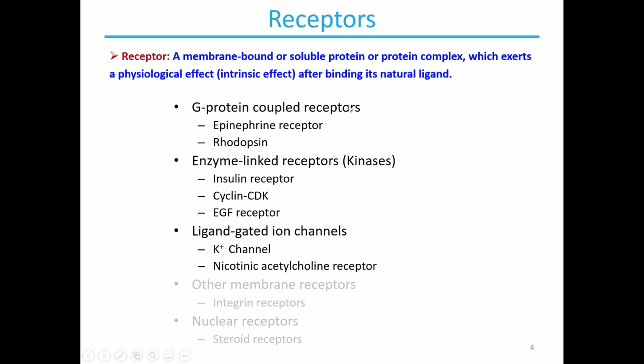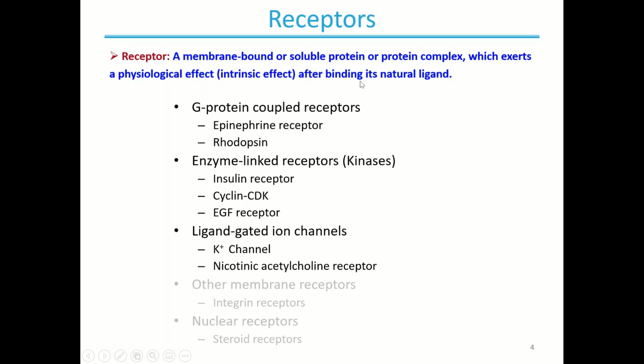Okay, and when a receptor binds a molecule, we refer to the molecule that it's binding as its ligand. Okay, when the receptor binds its ligand, it's going to exert some sort of a physiological effect. That's also known as an intrinsic effect.